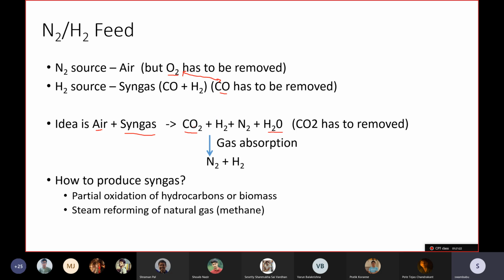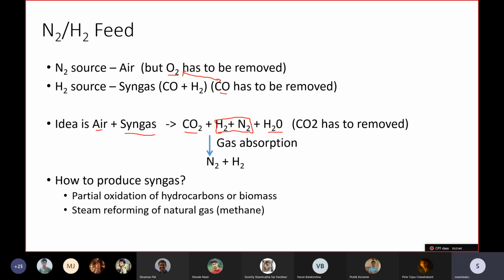So this way, once we combine air and syngas, we get H2 plus N2, which is what we wanted, and we also get H2O and CO2. From this, CO2 has to be removed.